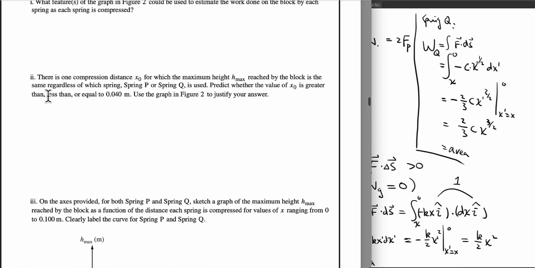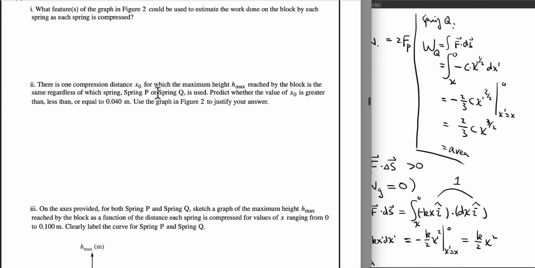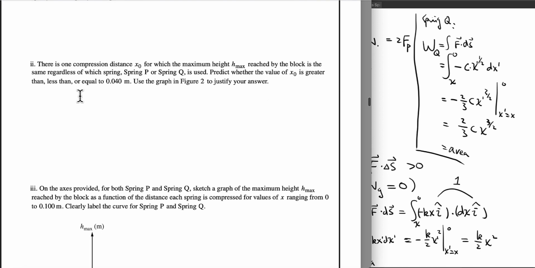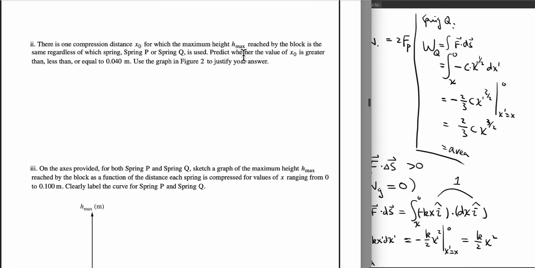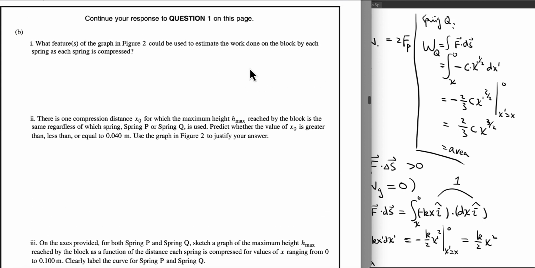Now, the second question: there's one compression distance x naught for which the maximum height h max reached by the block is the same, regardless of which spring P or spring Q is used. Predict whether the value of x naught is greater than, less than, or equal to 0.04 meters. Use the graph in the figure to justify your answer.